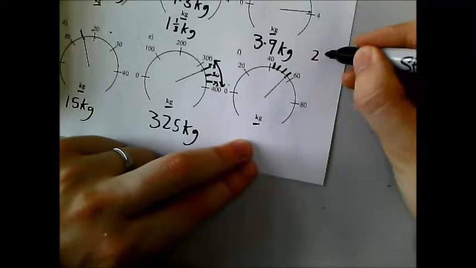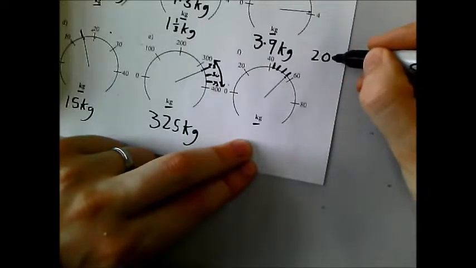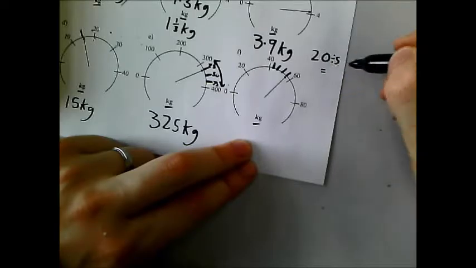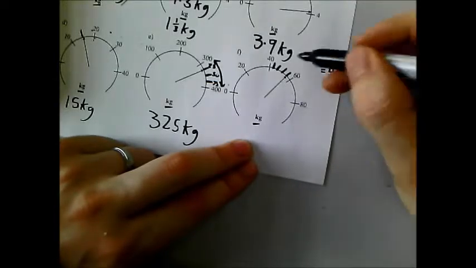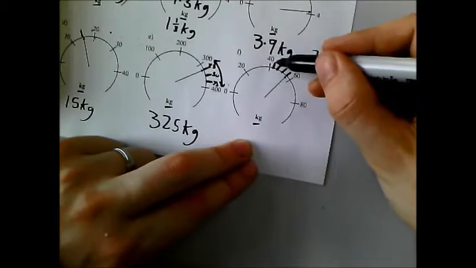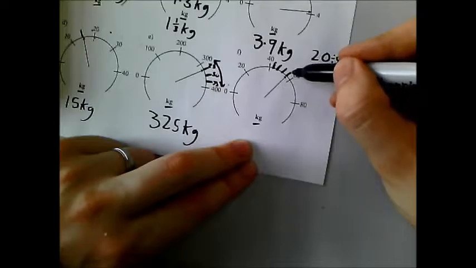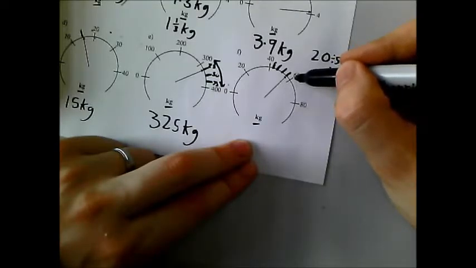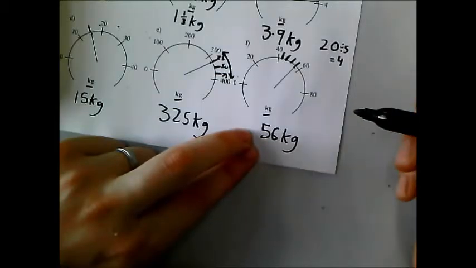So I want to split 20 into 5 pieces. So in other words, 20 divided by 5. Each piece is worth 4. So it's going to be 40, 44, 48, 52, 56, 60. So that is worth 56 kilograms.